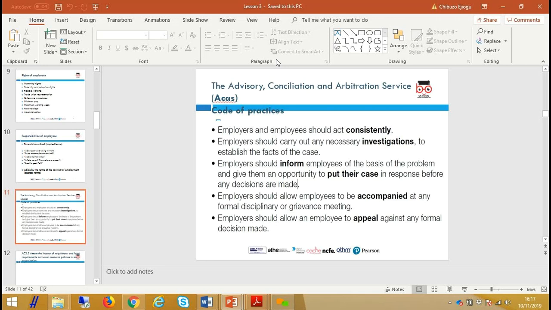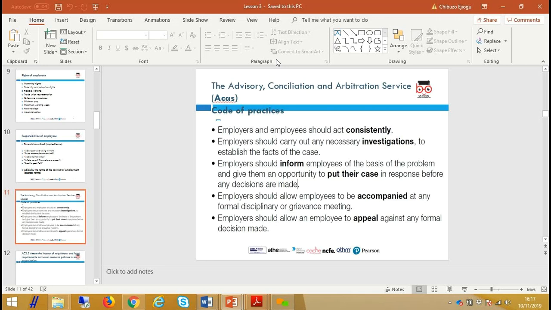So it may be better to have a more friendly, less formal mediation, and companies are advised to follow ACAS's guidelines on grievance and disciplinary processes to show that they are doing HRM to a good standard. So these are things that we emphasize when we talk about the legal and ethical aspects of HRM policy.